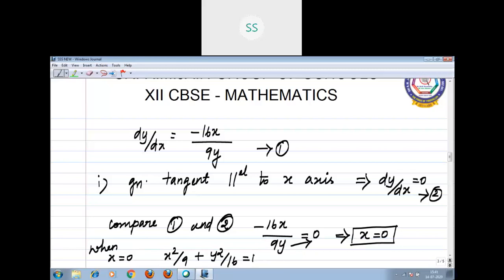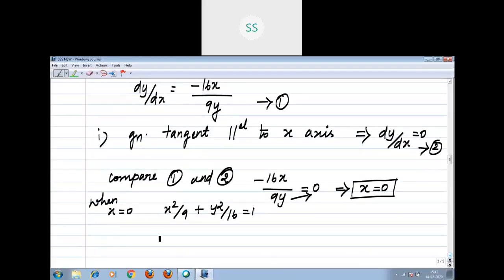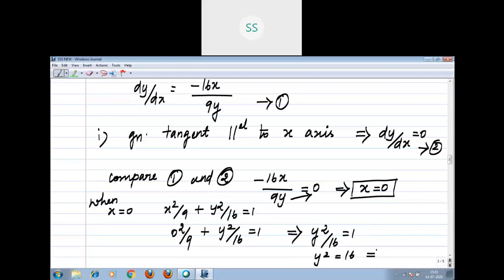When x is equal to 0, the equation becomes 0 square by 9 plus y square by 16 equal to 1, which implies y square by 16 equal to 1, y square equal to 16, which implies y is equal to plus or minus 4. Whenever you are taking a square root, you should use plus or minus, right?